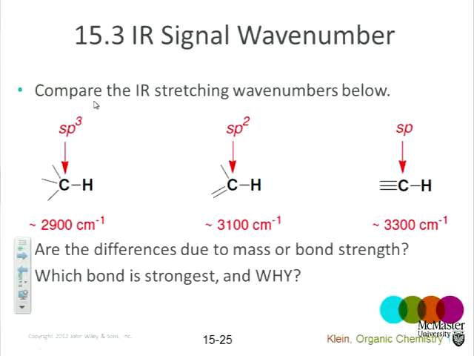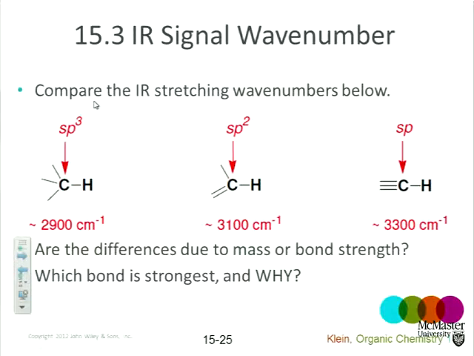But it turns out that CH bonds, even though they're all single bonds, carbon-hydrogen bonds in an alkane are actually slightly different frequency than an alkene, slightly different frequency than a compound with a carbon-carbon triple bond in it, an alkyne or acetylene. So depending on the bonding of the carbon, the CH stretch is different.